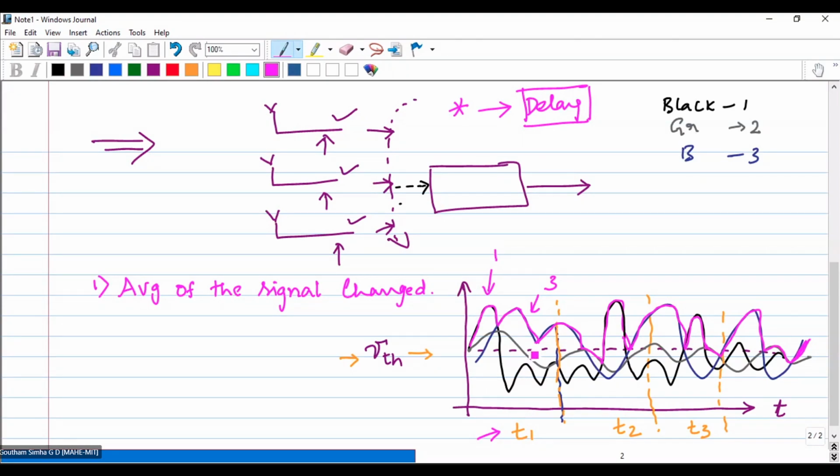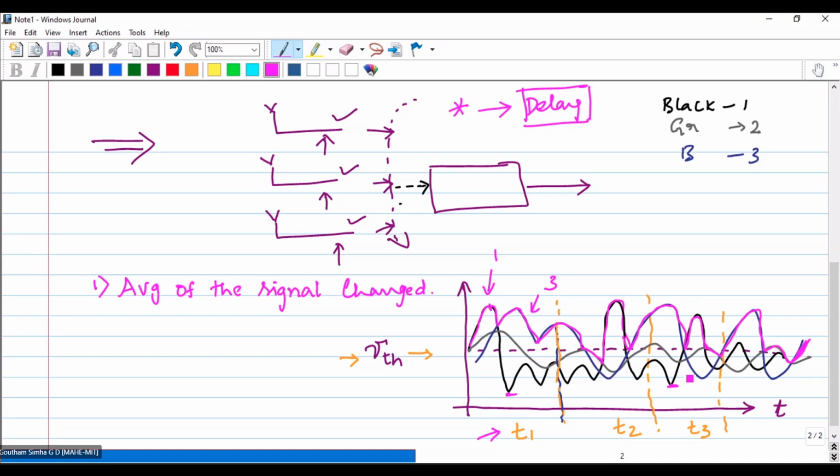Now, the next step is, what is the dynamic range of the signal? Dynamic range of each signal can be quantified as what is the peak and what is the lowest value. Now, the lowest value could be this and the highest value could be this. So the dynamic range of this black signal, dynamic range of each signal has to be quantified. Maybe similar, maybe very less, or maybe large.